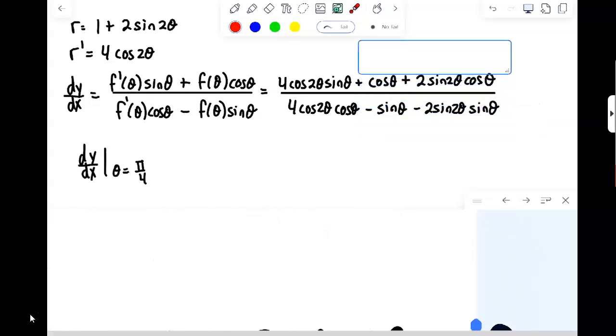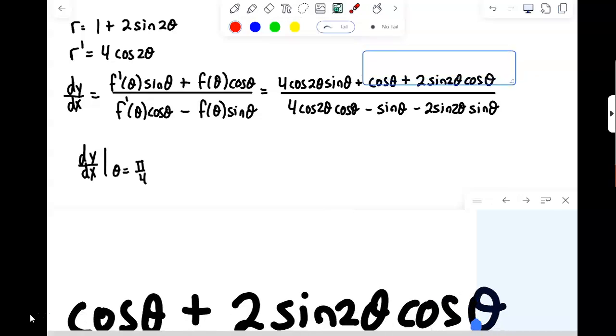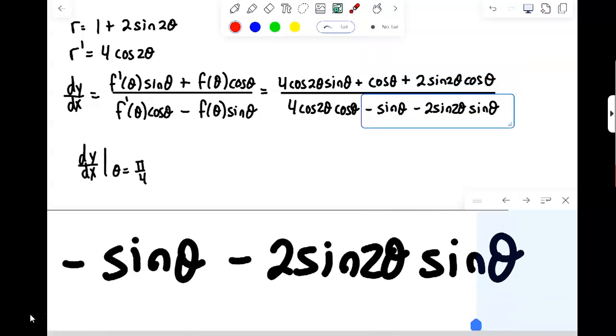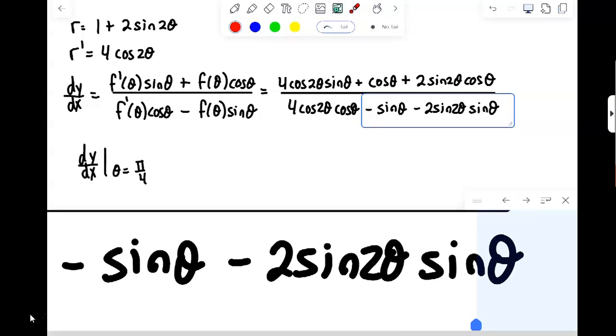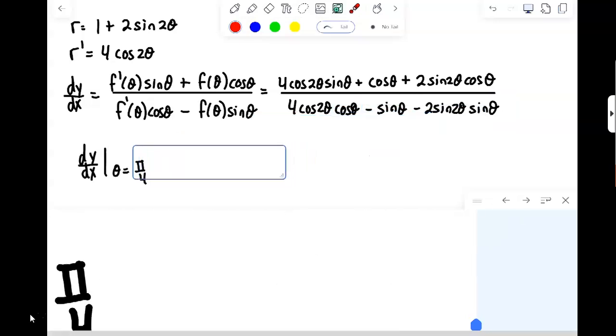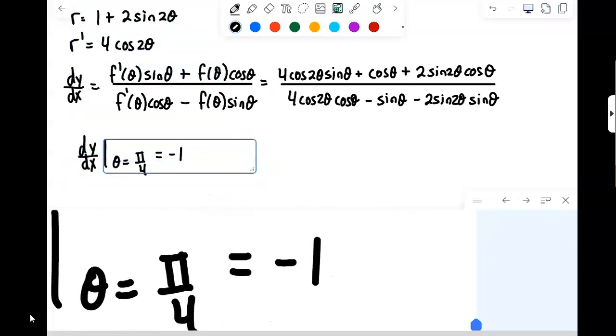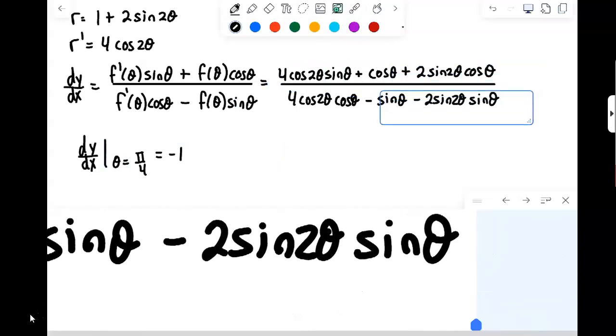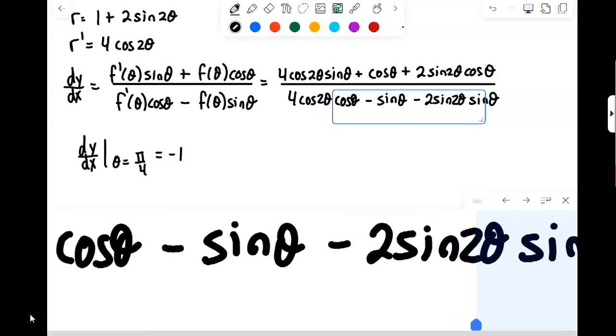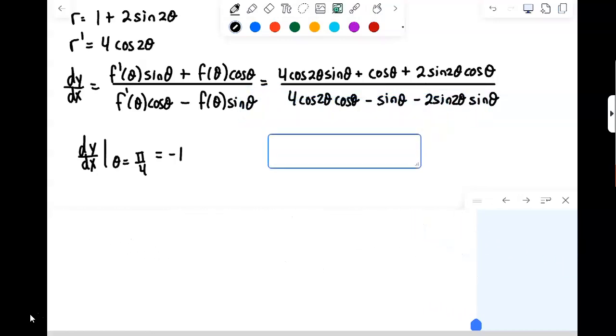So on top, you're going to have square root of 2 over 2 plus square root of 2. On the bottom, you're going to have minus square root of 2 over 2 minus square root of 2. In other words, you have the same thing in the top and bottom except for a minus sign. So it's actually going to be just minus 1. So the slope at that point at pi over 4 for this graph is minus 1. Okay. You could plug all the numbers in. I just went ahead and worked it out.